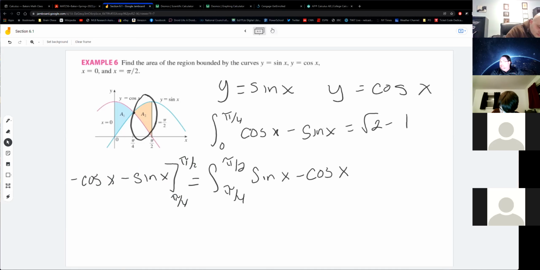So we've got, actually, let's do it this way. So cosine of pi over 2 is 0, so that's negative 0, minus sine of pi over 2, which is 1, so minus 1.